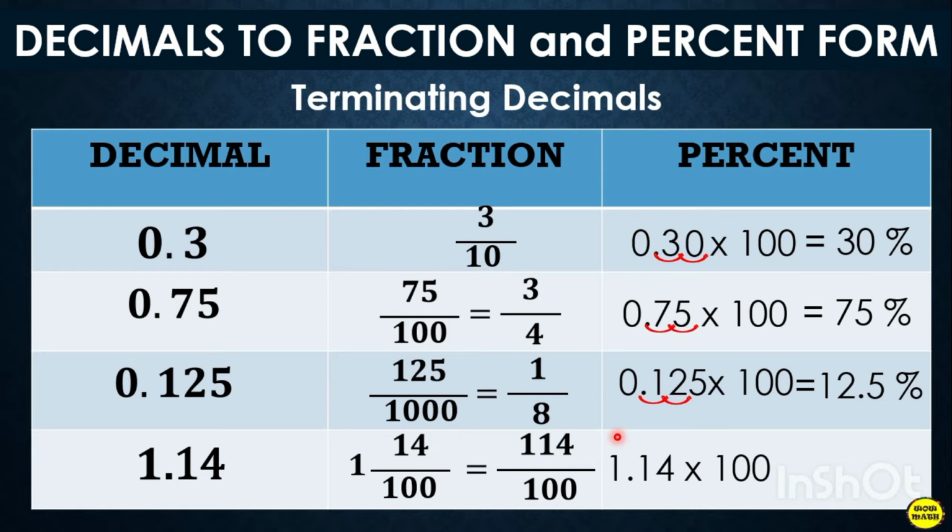So, we have 1.14 times 100 and then move the decimal point to the right twice. So 1, 2. It has moved here. So that is 114%. That is the equivalent of our decimal numbers into percent form.